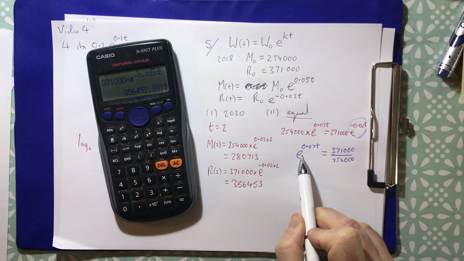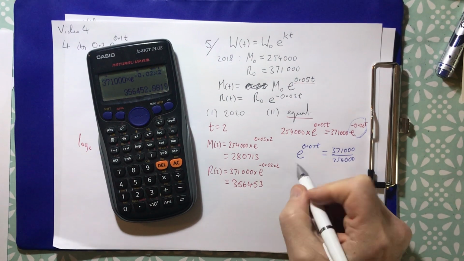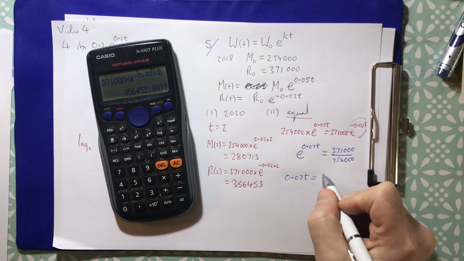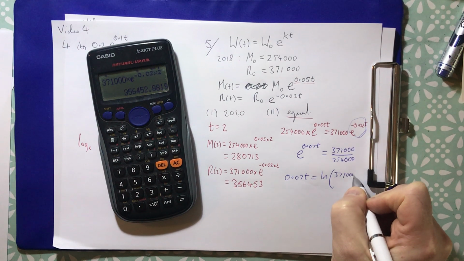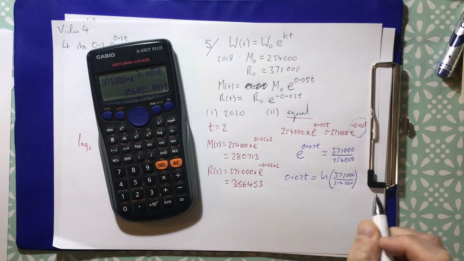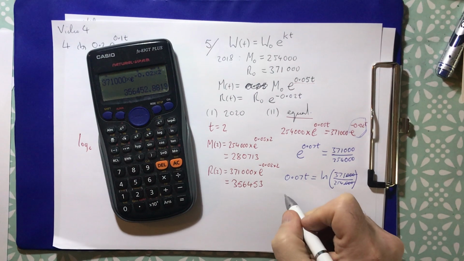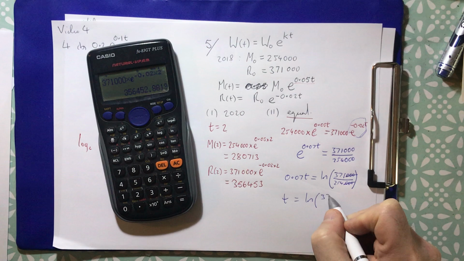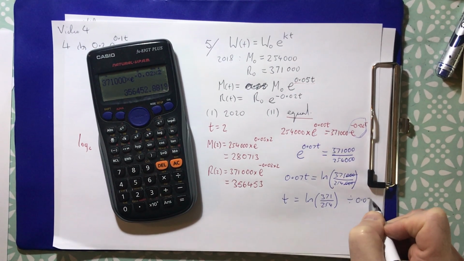Because it's in e, I'm going to use ln to get rid of e. So if you take ln of both sides, I'll just get rid of the e there. You can just cancel the zeros out like that. Okay, so we've got that. So t is going to be ln of 371 over 254 divided by 0.07.